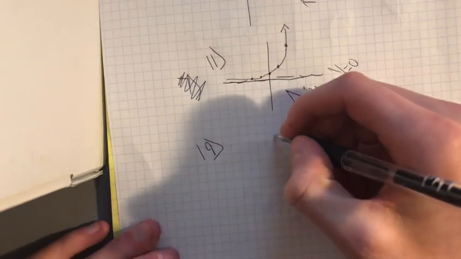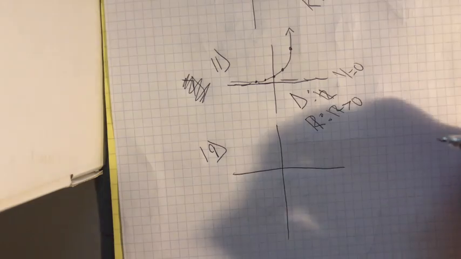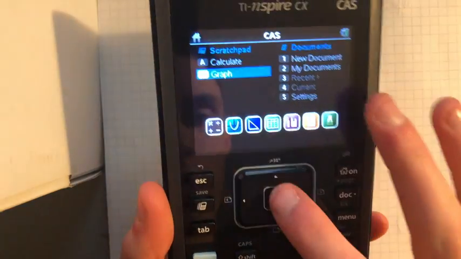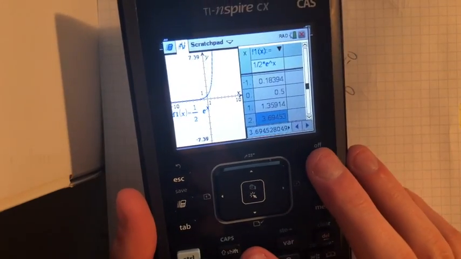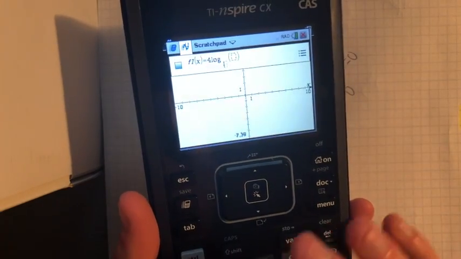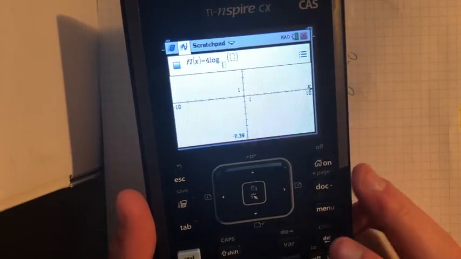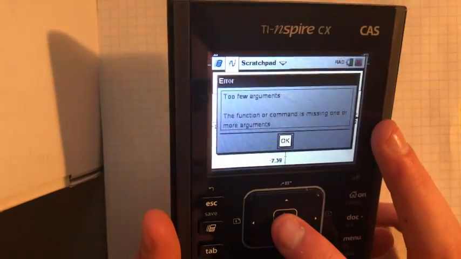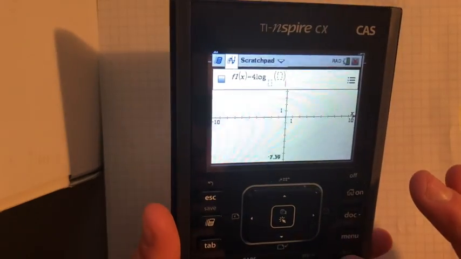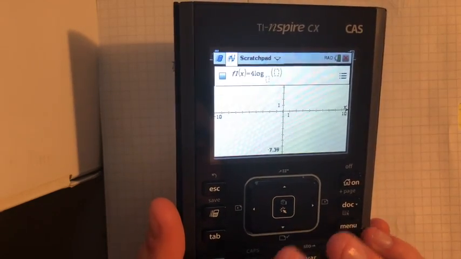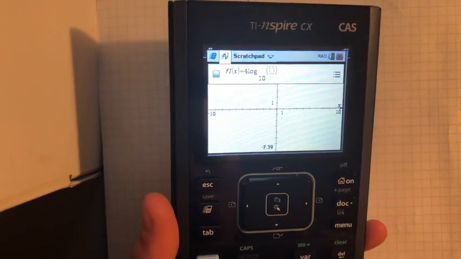Okay. So for some reason, I'm gonna graph this. Let me get my handy dandy TI Inspire. And it's y equals 4 log x, base 10 x, I guess.